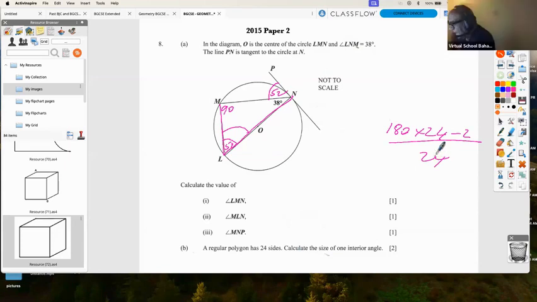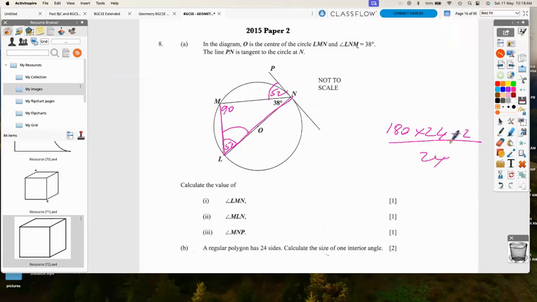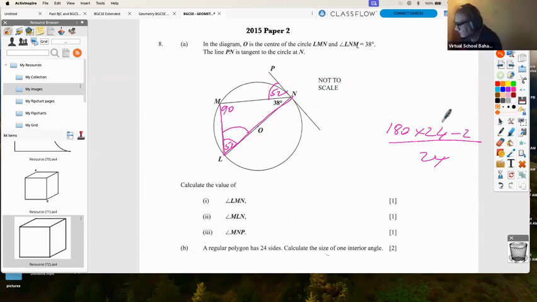Okay, let me show you an easy way, and then I'm going to try to use the formula that you're using there. The easy way, since we know the sides, we have to find an exterior angle first, and we know that all the exterior angles add up to 360, so it will be 360 divided by the number of sides, which is 24.